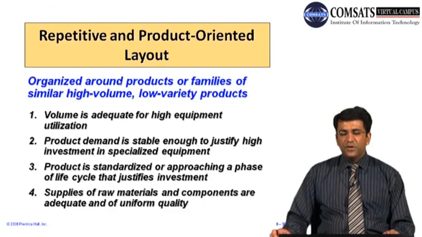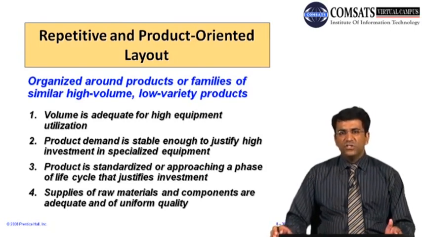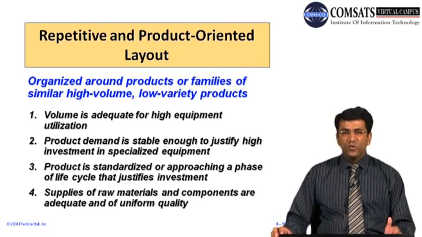Then friends, repetitive and product oriented layouts. These layouts are again meant for the repetitive and continuous products of most importantly the identified or identical products. It is organized around the products or families of similar high volume low variety products. So this type of layout is actually meant for the high volume and the low variety products. Volume is adequate for high equipment utilization. Product demand is stable enough to justify high investments in specialized equipments.